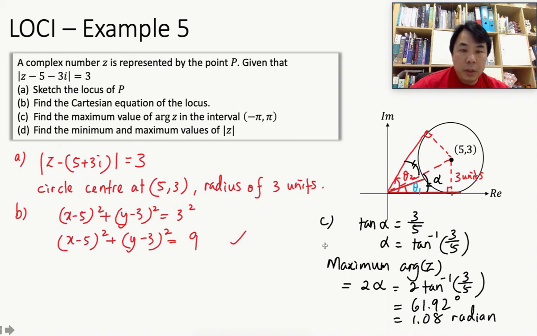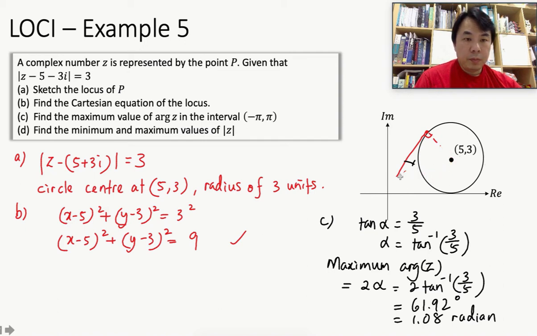Okay, now we're going to work with D. For D, let me clear all this. We don't need this anymore. All right, now for D, we need to find the minimum and maximum value of the modulus of z.